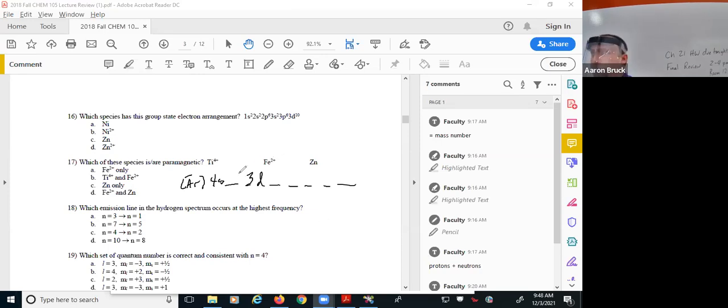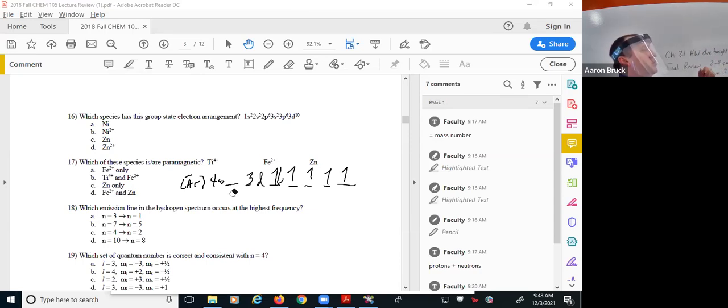Iron 2+, well, we start with iron, 4s2 3d6. For iron 2+, we lose these 2 electrons, so we always take from the higher energy level. Do we have unpaired electrons in iron 2+? Yeah, we got a lot of them.